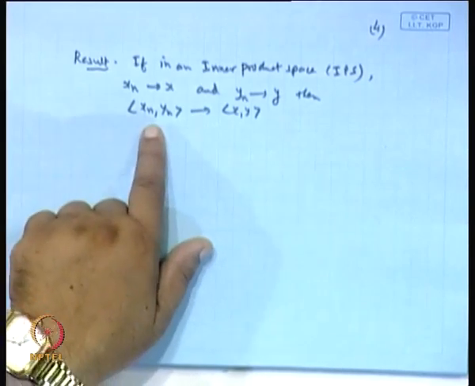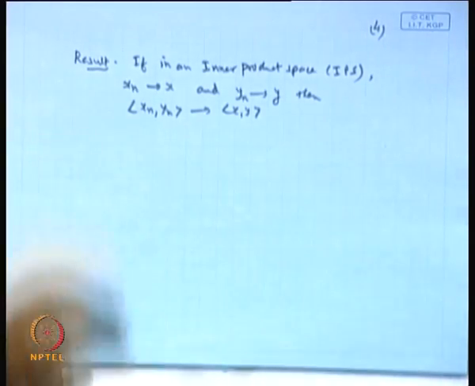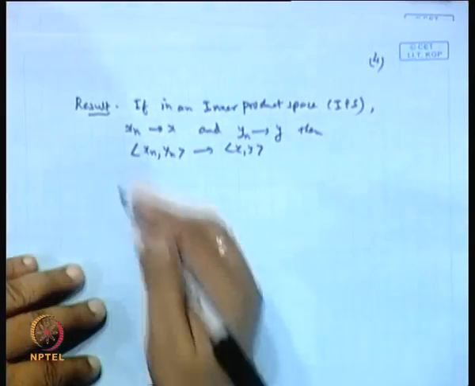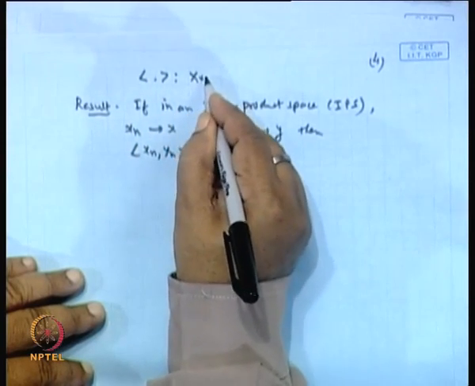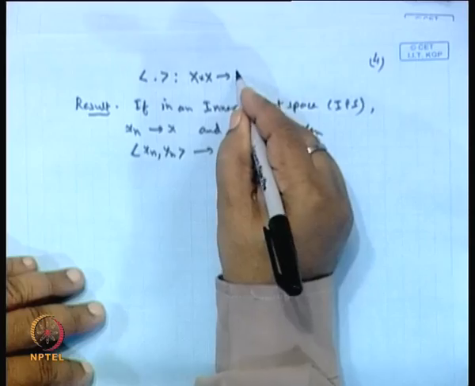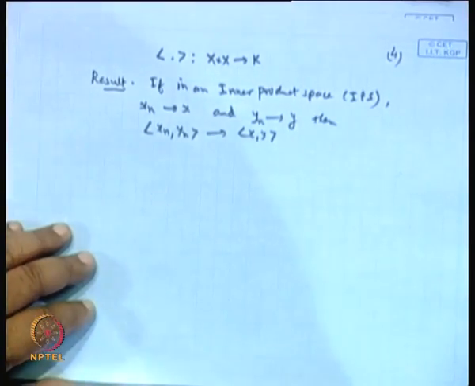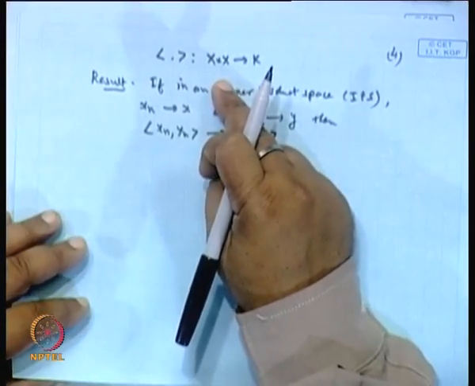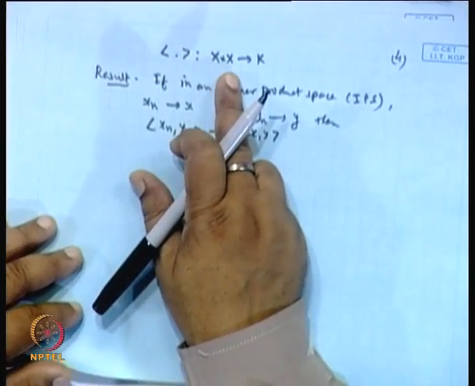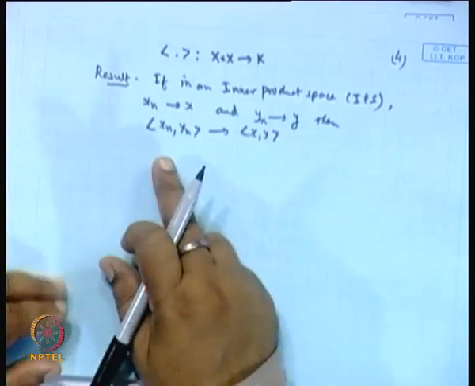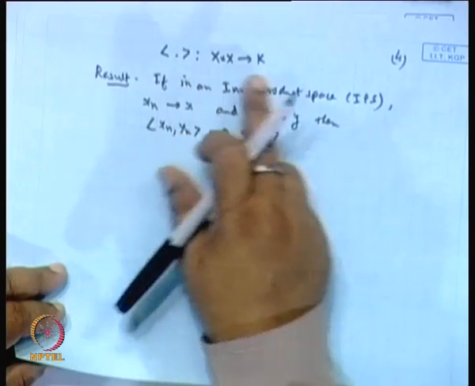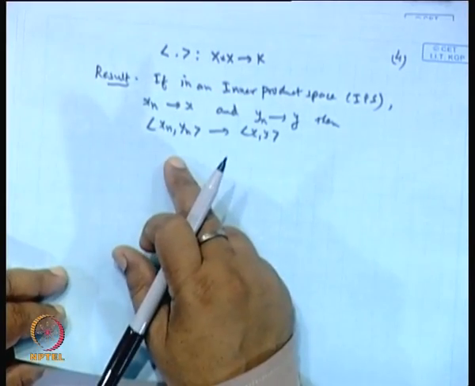So this shows the inner product is a continuous function, because the inner product is a mapping from X cross X to K. K is the field of scalars of X, X is a vector space. So we pick up the ordered pair (x_n, y_n), and under the inner product this gives the value of a scalar quantity in K.